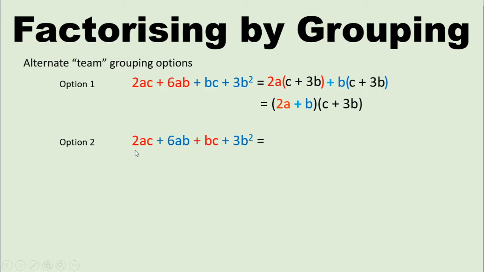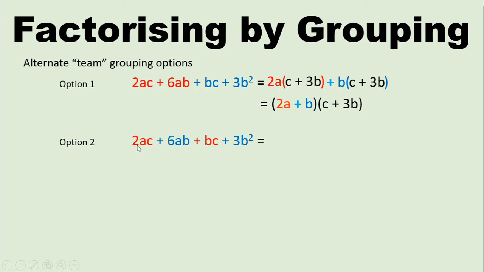You might have grouped the first term with the third term, seeing that they both have C as a common factor, and the second term with the fourth term because they both have B as a common factor. And that would be totally fine. We've got a different red team and a different blue team now. We'll have different quarterbacks, but when we form our plays and regroup, we should end up with the same factorized expression. If you don't believe me, let's try it and see.